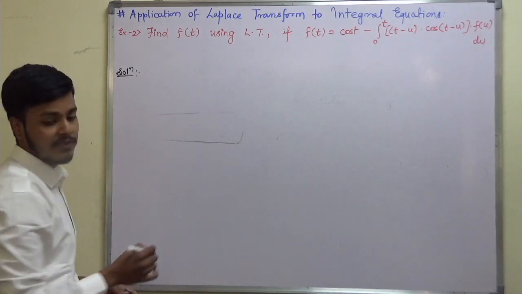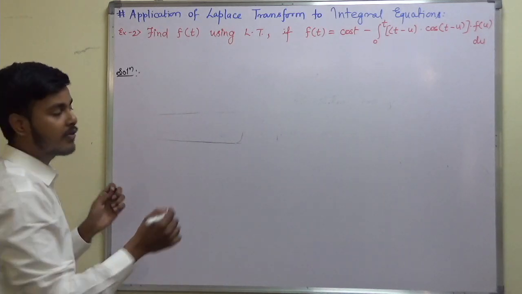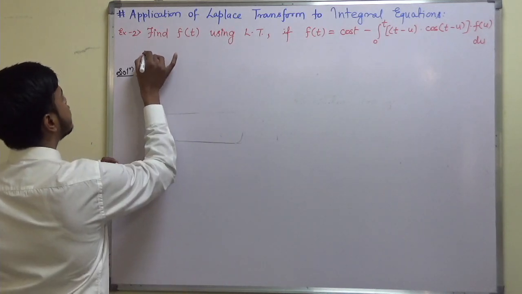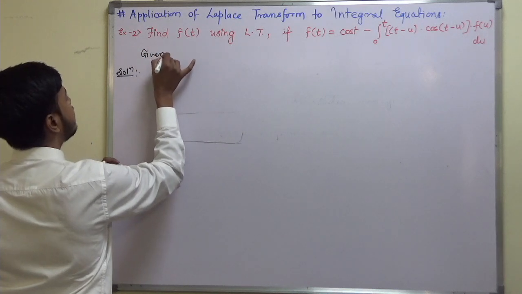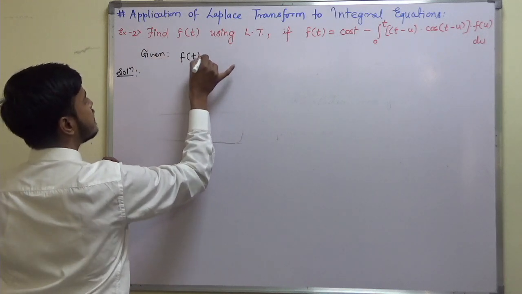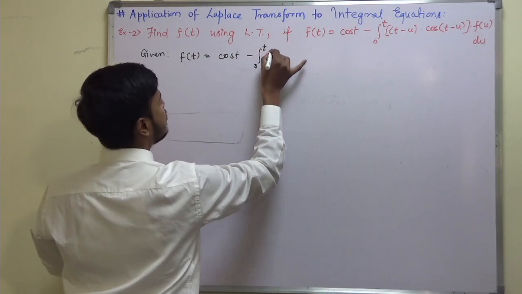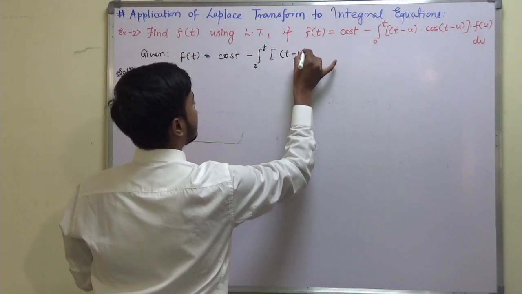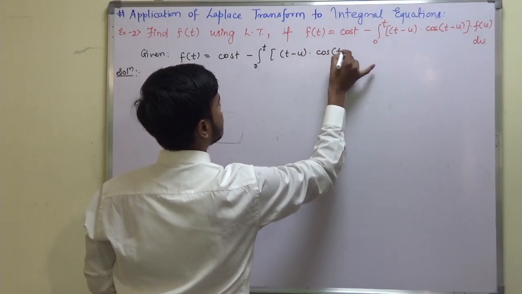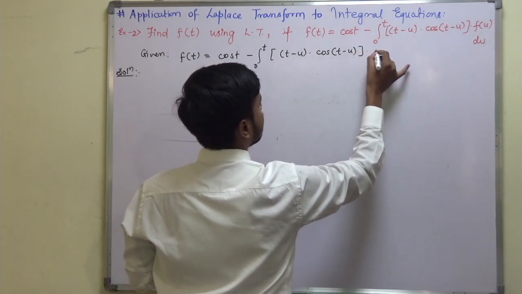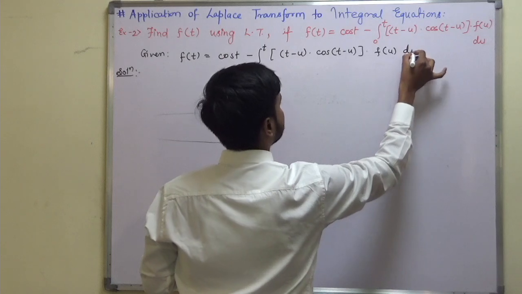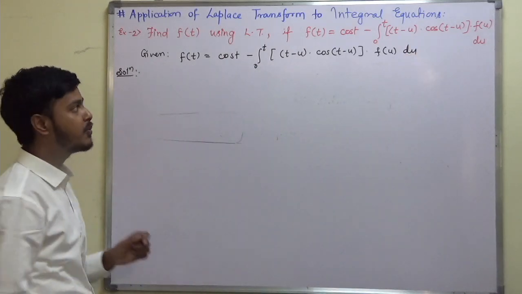So you can start with what we have. Given f of t is equal to cos t minus integration 0 to t of (t minus u) cos(t minus u) into f of u du. Now take Laplace transform on both sides.